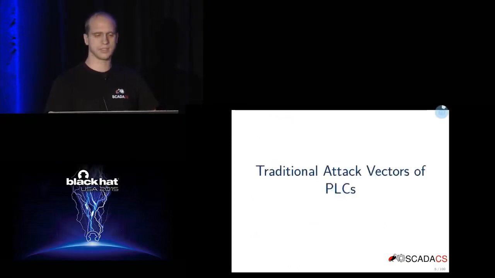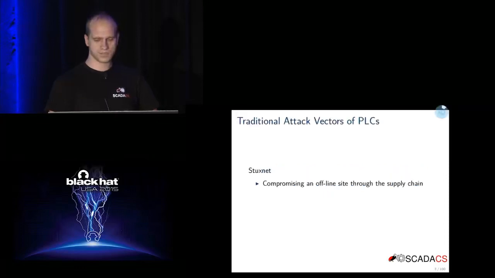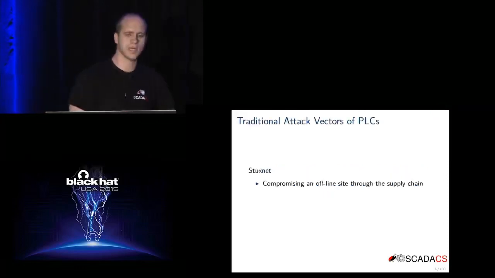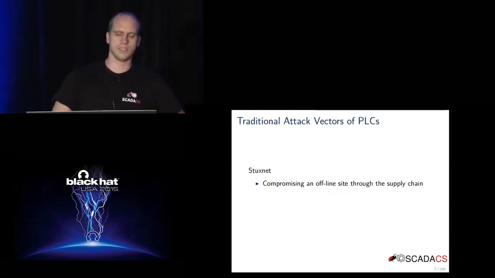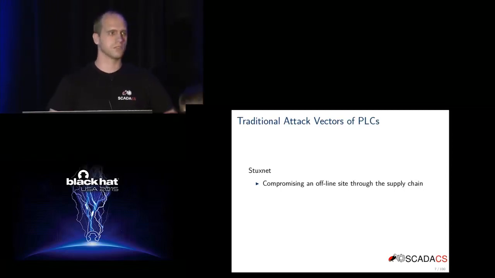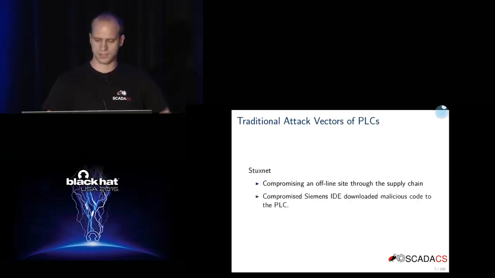So let's start with the traditional attack vectors of PLCs. We know that in the past there was the well-known Stuxnet. It compromised Iranian nuclear facilities through the supply chain. There was a Siemens worker who attached a USB stick to an engineering workstation, and this compromised the development environment of Siemens for programming PLCs.